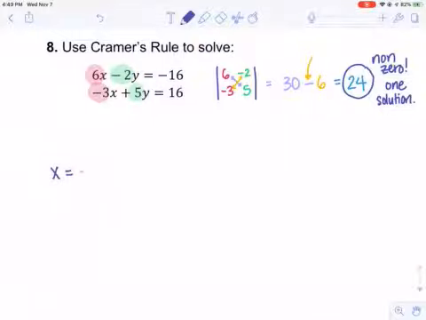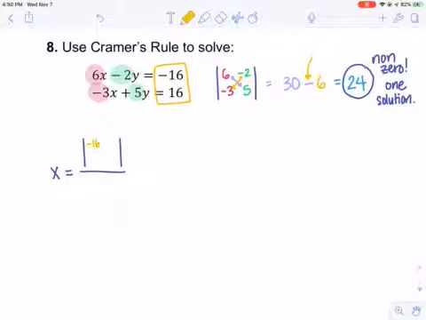So we're going to use a fraction to do that. Our numerator will be the determinant of the coefficient matrix in which the x coefficients are replaced with our constant terms from our original equation. So instead of 6, we'll write -16.